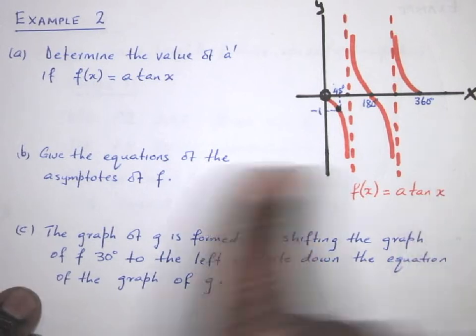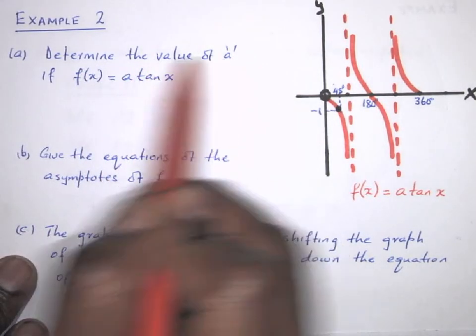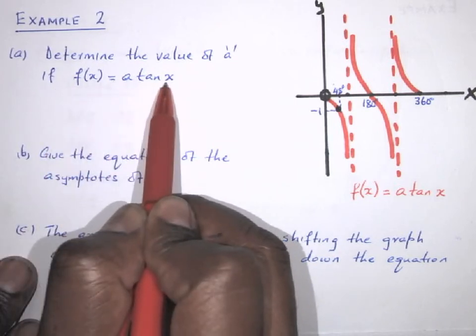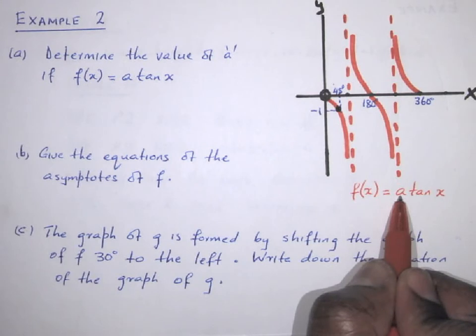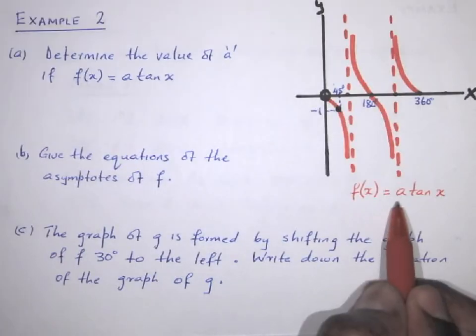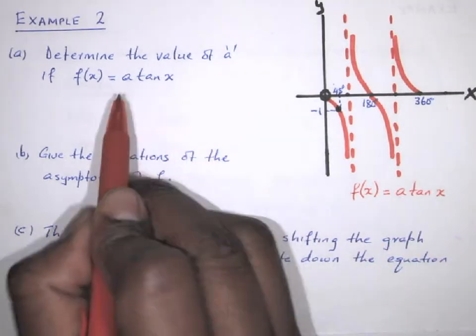Let's look at the question. The question says, determine the value of a if f of x equals a tan x. Now there's an a there, but the normal graph has got 1 there. So they want us to find out what the value of a is.